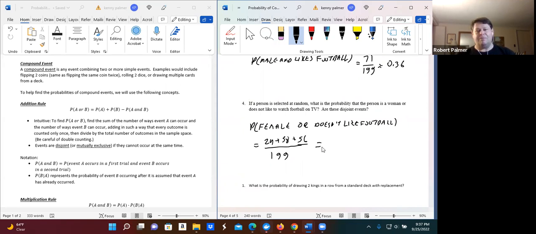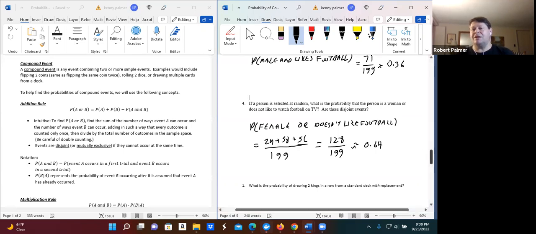Okay, and if we add all those up, that is 128 out of 199. And if we divide that, round to two decimal places, that's approximately 0.64, about 64%.